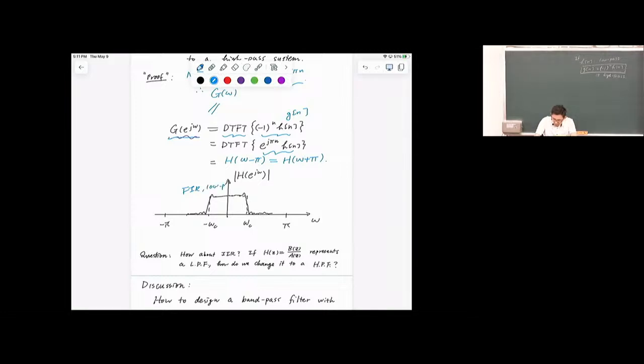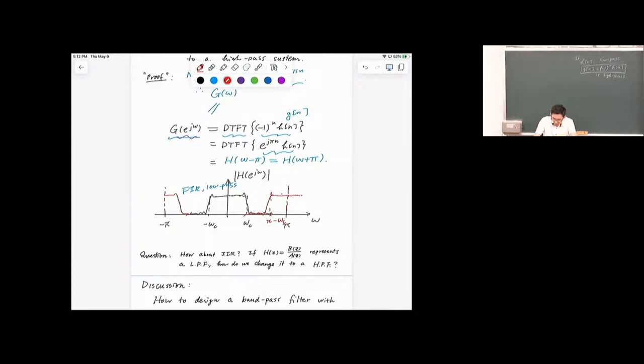So now when we shift it to the right by pi, the result becomes a high pass filter. Now the pass band is going to center around frequency pi, with a cutoff frequency of pi minus omega c. If you draw some ripple right there, the bandwidth will appear at your left, because that's how the DTFT works.